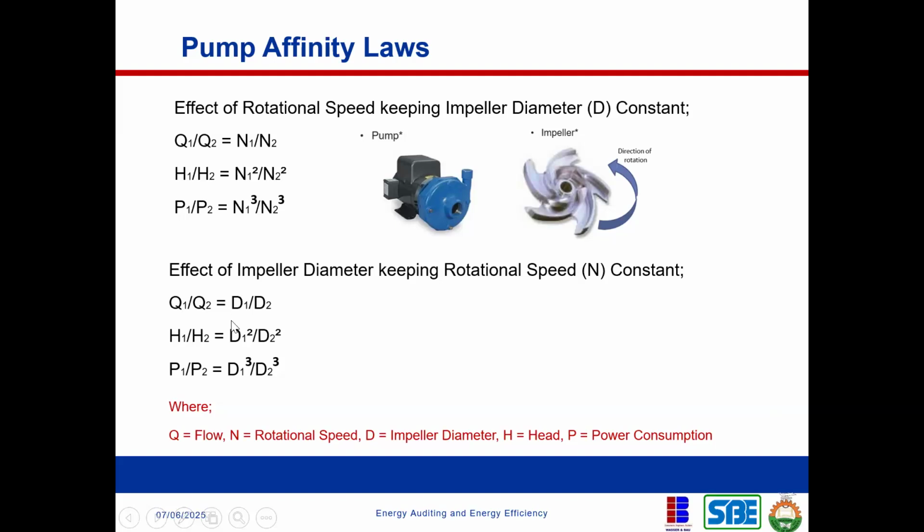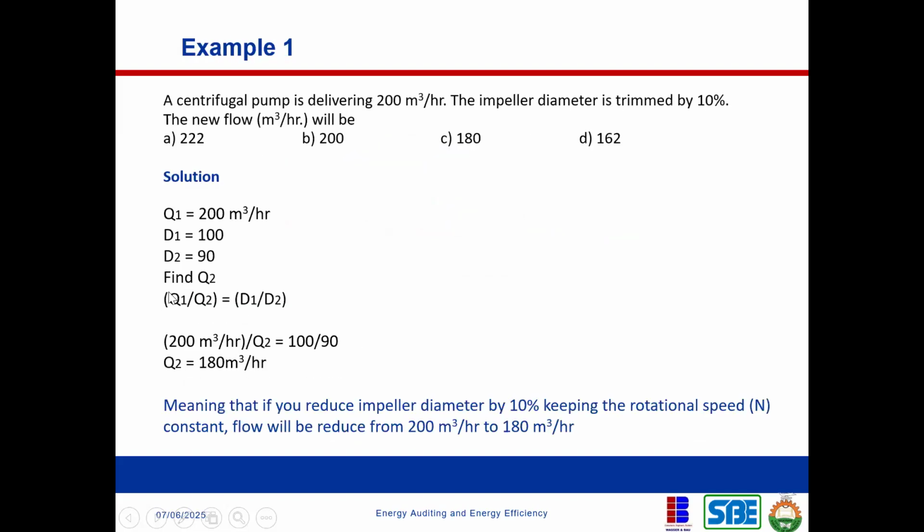The second one is for the impeller diameter. This formula has Q1, Q2, D1, D2, and we know what each means. So this is the formula we're going to use to solve this question.